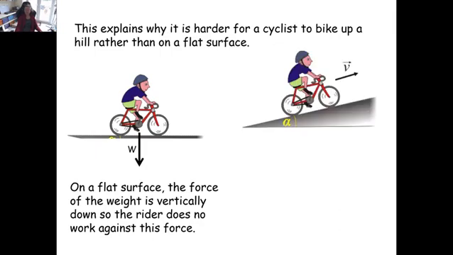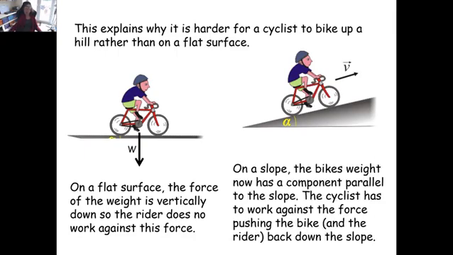But if he then cycles up a slope, then that's different, because now part of the weight has a component that's parallel with that slope, and part of that weight is going to try and make him slide back down that surface. So he's going to have to do more work to actually pedal uphill instead. You can see you've got that component pushing him down the slope.